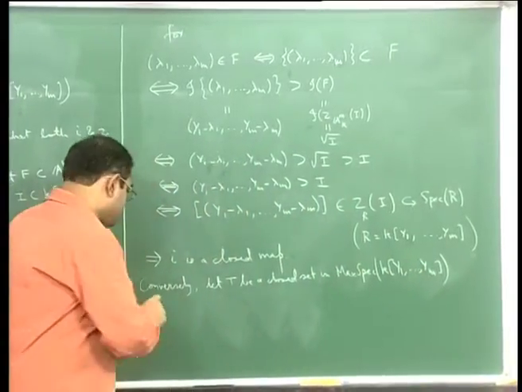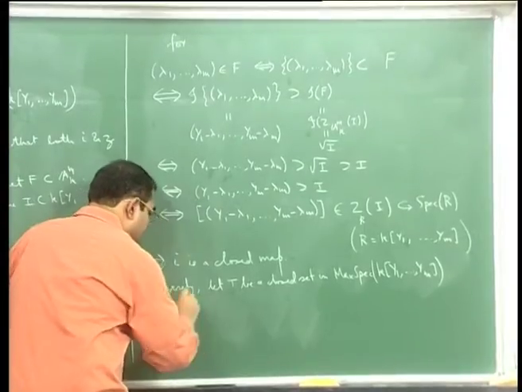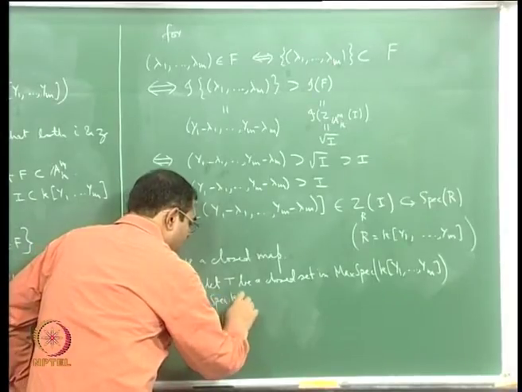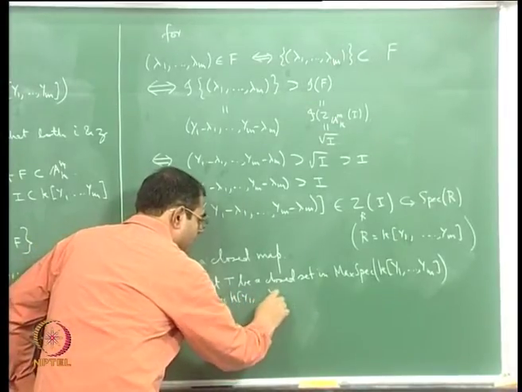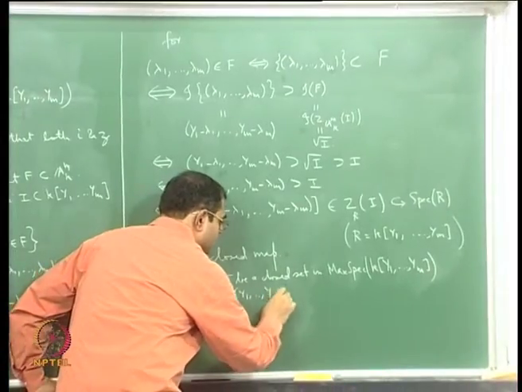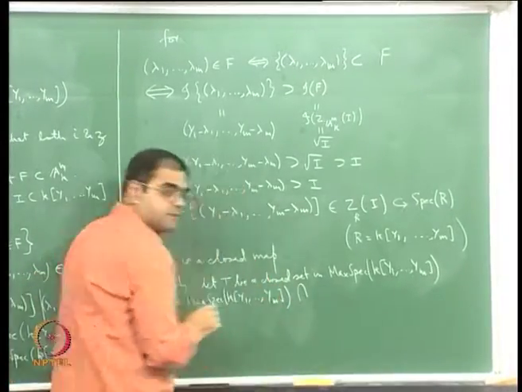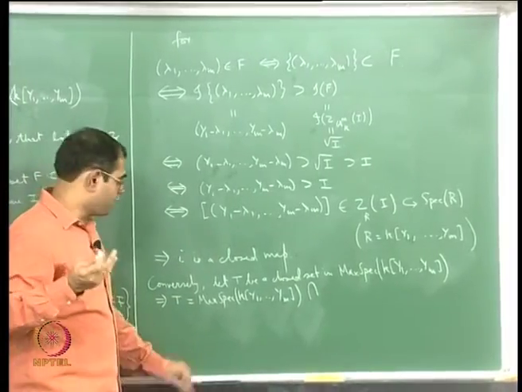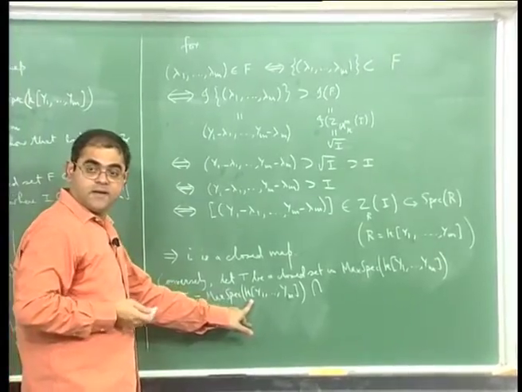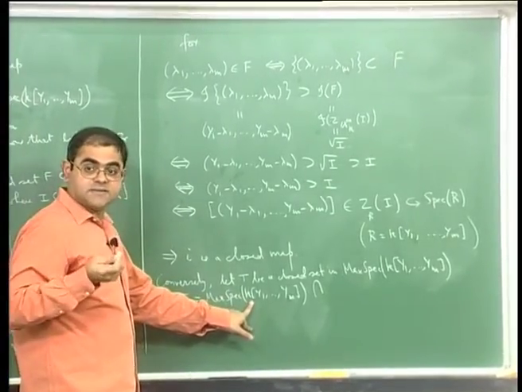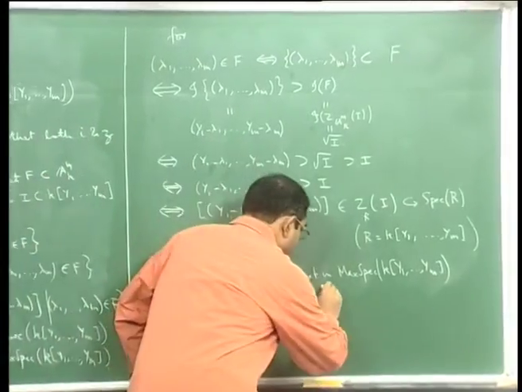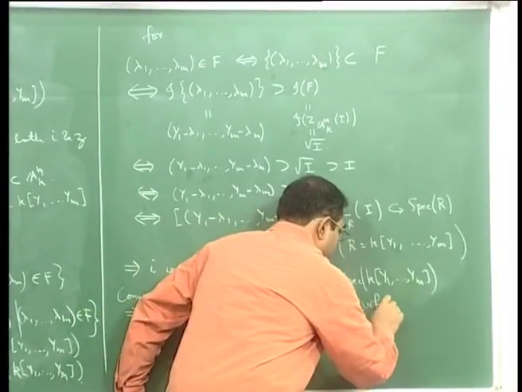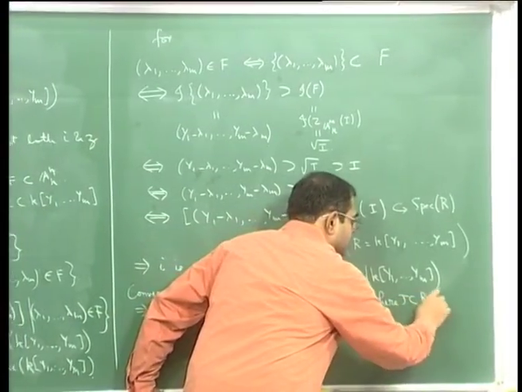So what does this imply? T is actually max spec k[y1 through ym] intersected with a closed subset of the bigger space, which is the spectrum of k[y1 through ym]. A closed subset in that is the zero set of an ideal. So it will be Z sub R of some J, where J inside R is an ideal.